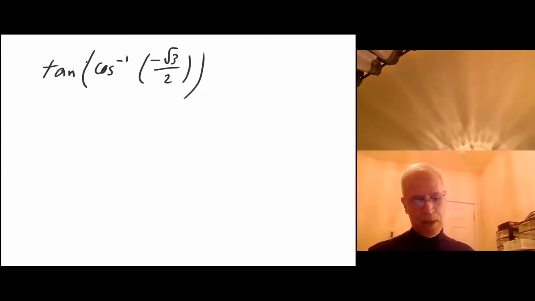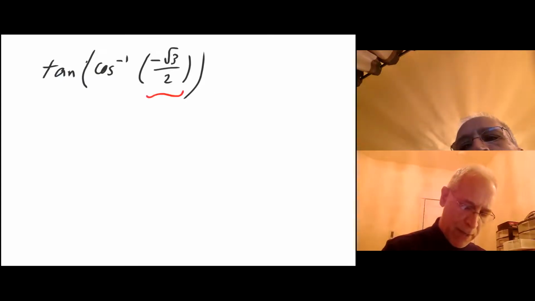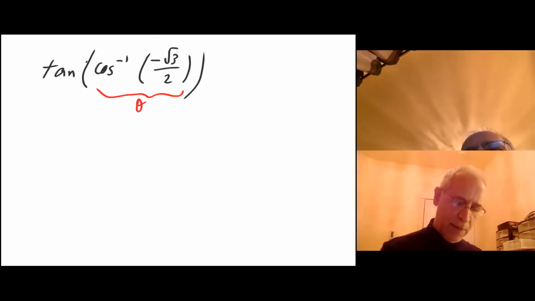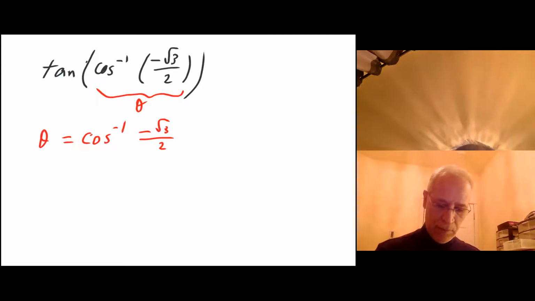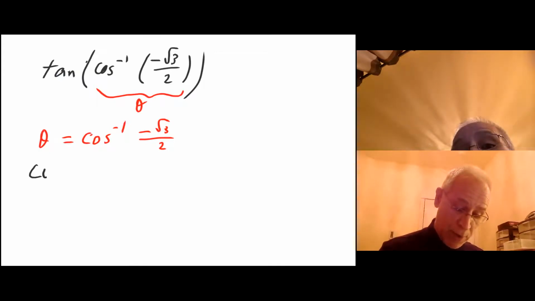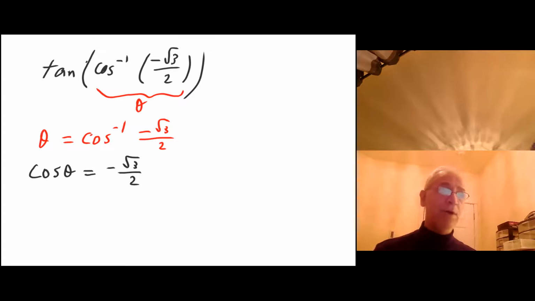Once again, I know that this is my theta. So if theta equals cosine inverse of negative root 3 over 2, what do I know? I know that cosine of theta equals minus root 3 over 2. Since it is negative, I must be in quadrant 2.